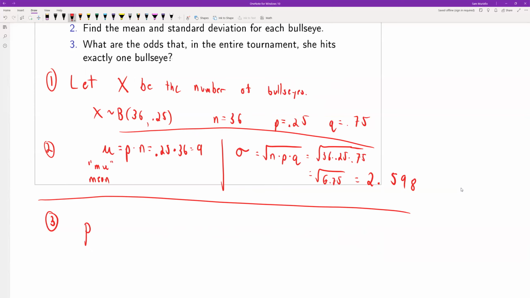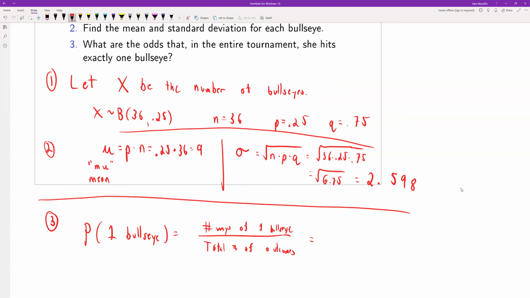So our probability of 1 bullseye is going to be equal to the number of ways of 1 bullseye divided by the total number of outcomes. Now, let's start with the bottom.